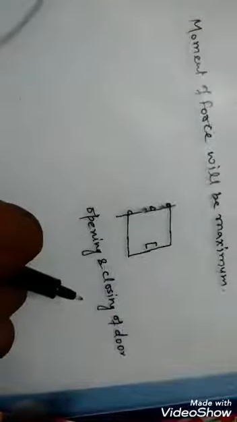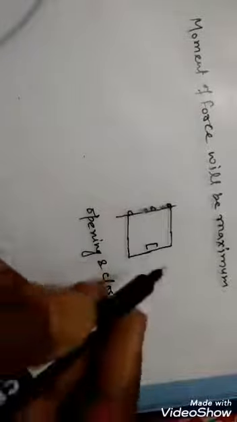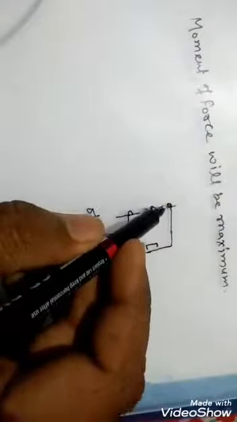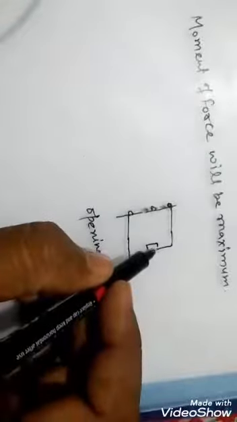A practical example of moment of force is opening and closing of doors, in which one end of the door is hinged with the wall and the other end is free.